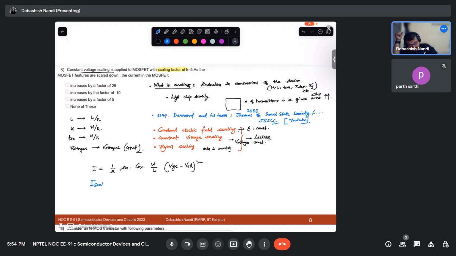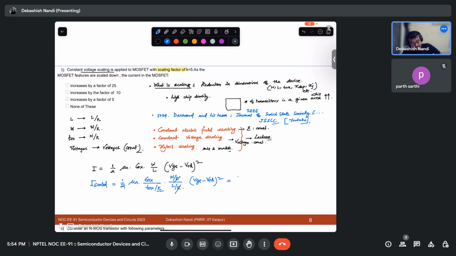I scaled is equal to half mu n, a device constant, Cox is Eox over Tox over K, this is W over K and L over K, and this is VGS minus VTH whole square. Voltages are not scaled because we are using constant voltage scaling. So this K will get cancelled, but this K remains.